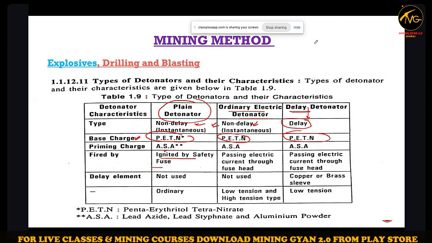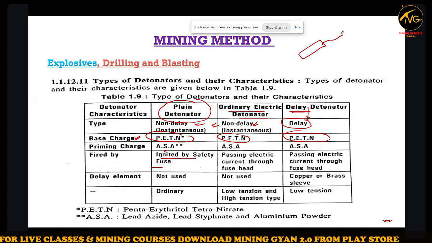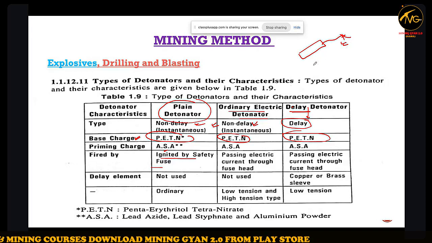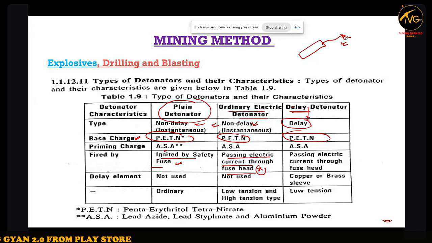I have told you that if it is a gunpowder, you can directly fire it like a firecracker. In plain detonator, you also have to ignite with safety fuse. Ordinary electrical detonator: passing electrical current through the fuse head. इनमें इलेक्ट्रिकल, ये तार होगा, इसको आप इलेक्ट्रिकल करंट से जोड़ेंगे एंड देन ब्लास्ट करेंगे.